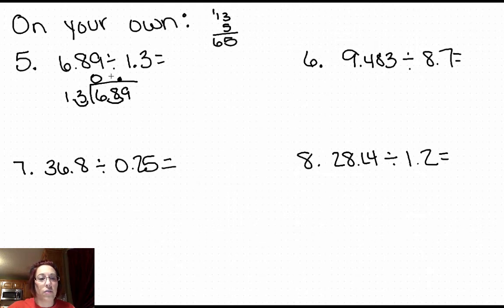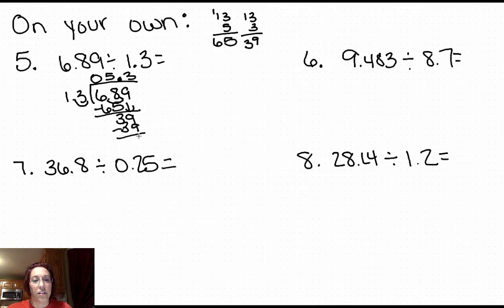That'd be 65. So 5 goes up here. 65, subtract, bring down 9. So 39. Let's try 3. Yep. So our answer is 5 and 3/10.